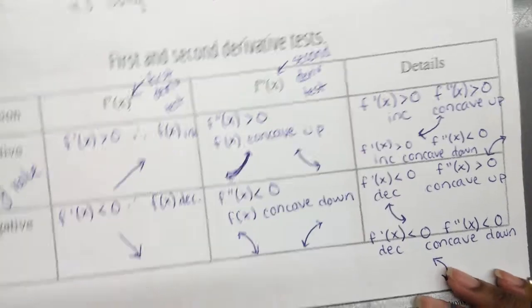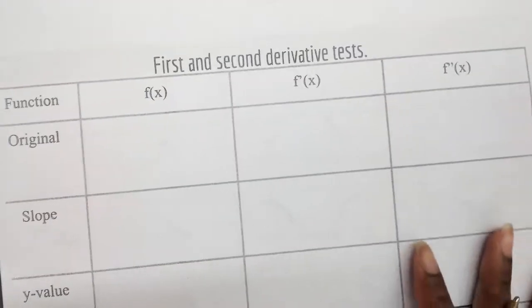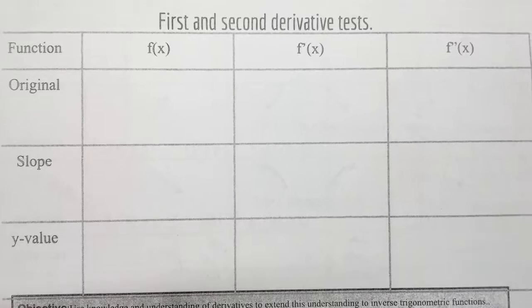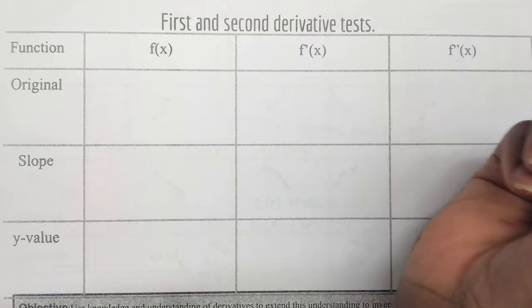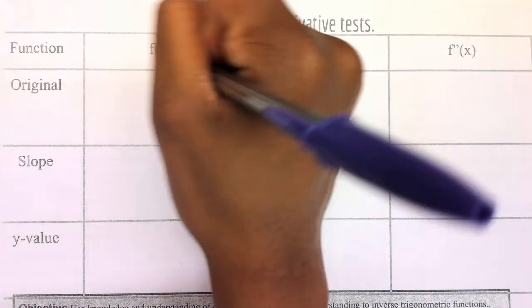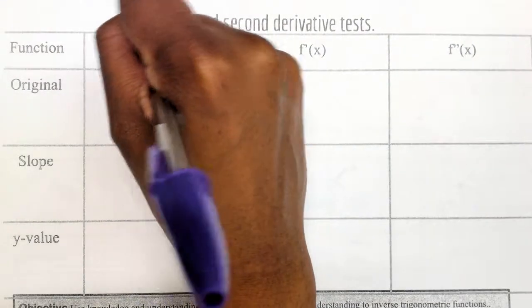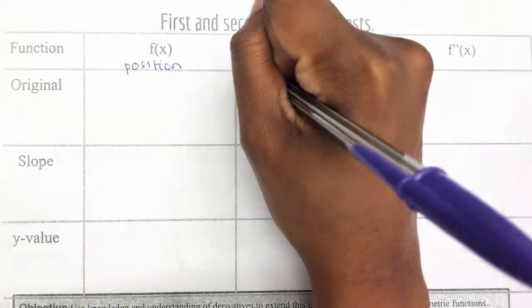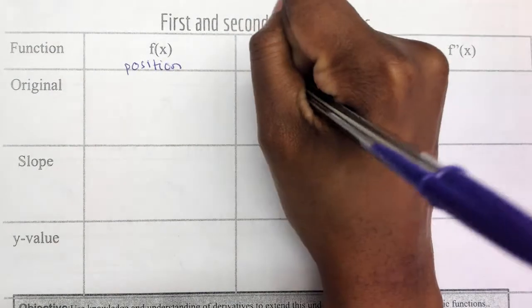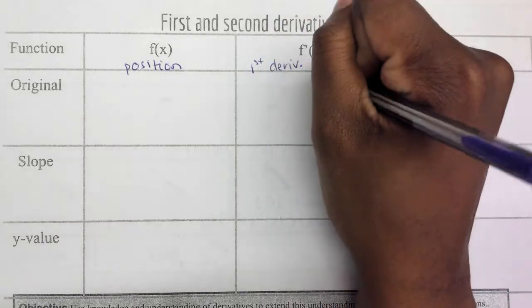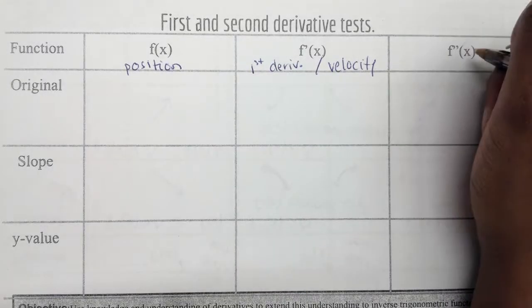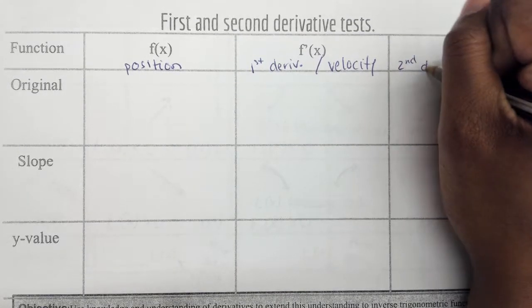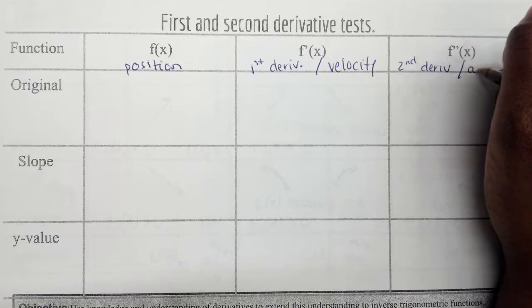Alright, let's look at the second table and what that tells us. So again, first and second derivative tests. If we think about this as position, velocity, and acceleration, f of x would be our position, f prime of x is our first derivative, which is also our velocity, and f double prime of x is our second derivative, which is also our acceleration.